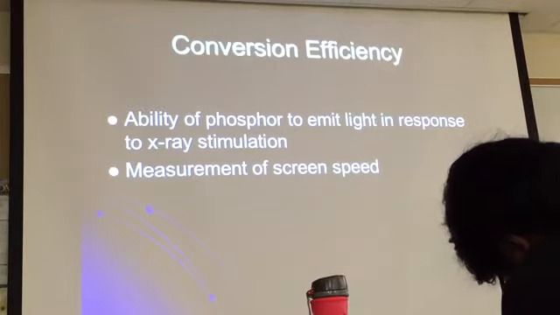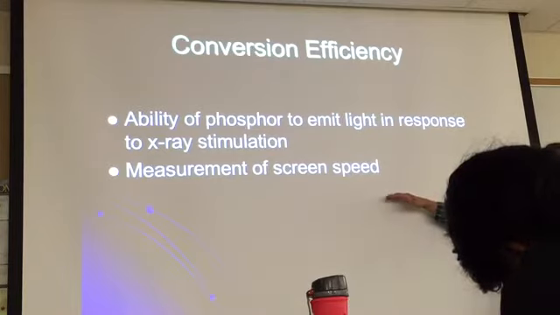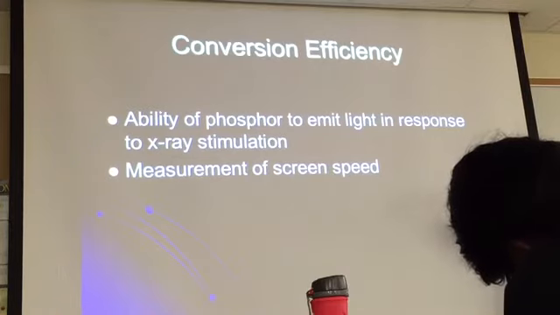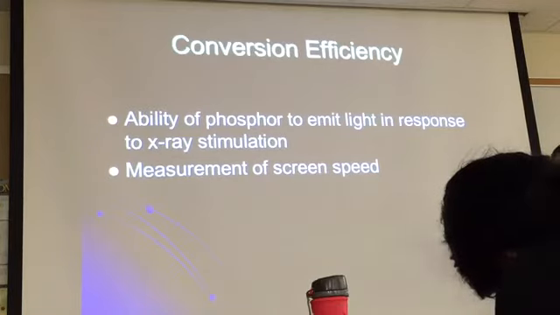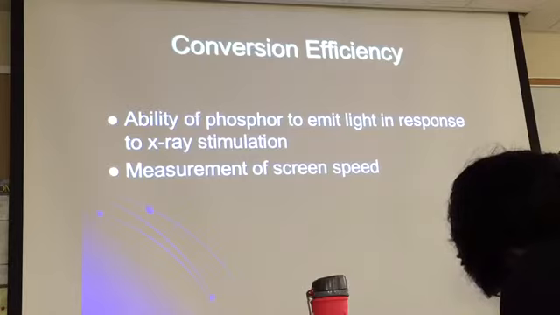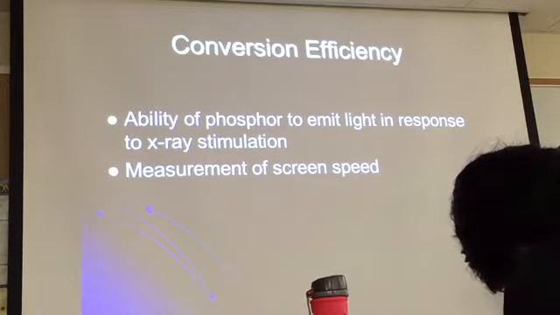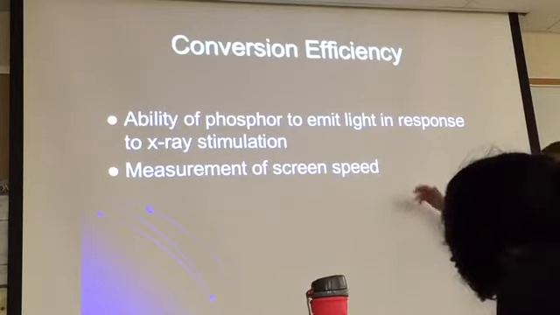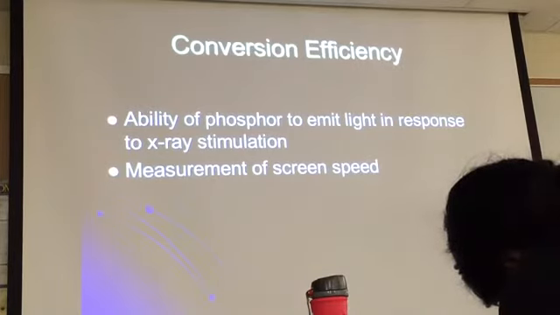Slower screens need to absorb more, so with slower screens you will need to use a little more radiation, because they need more to absorb. You following me? Faster screens don't need as much radiation. With a little bit, they absorb that and boom, they emit a lot of light.